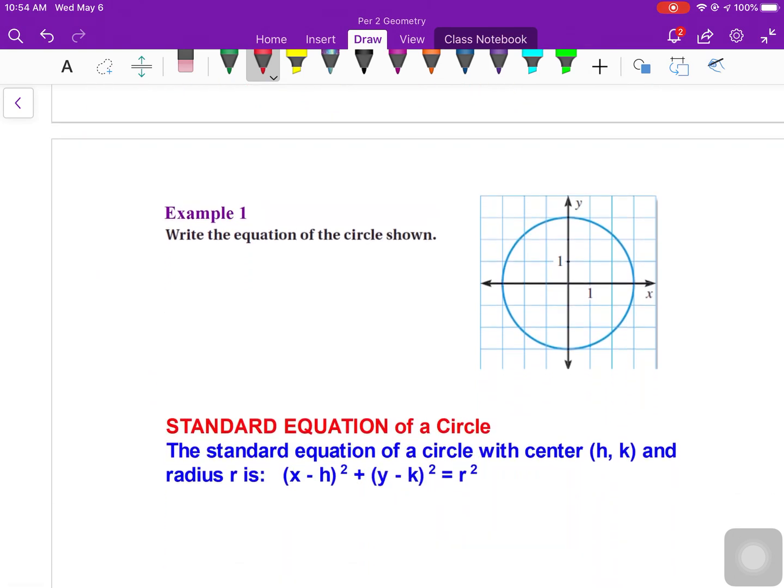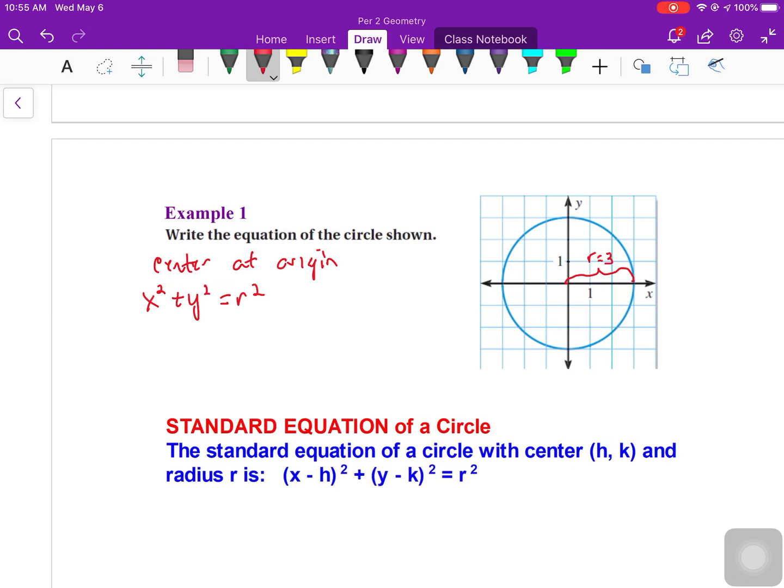So if you look at a circle in the coordinate plane, such as this one, since the center is at the origin, it means that we have the form x squared plus y squared equals r squared. So really all we have to do is determine the radius if the center is at the origin.